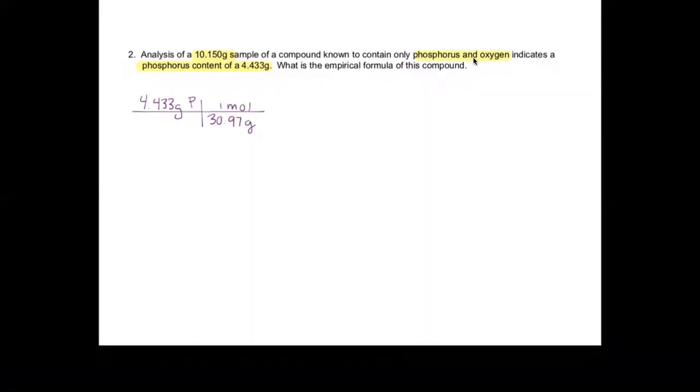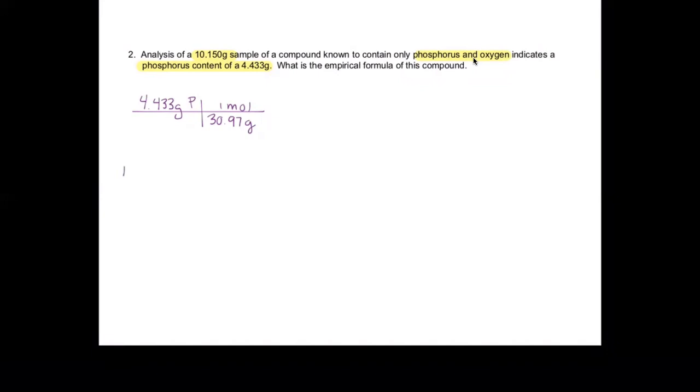4.433 grams of phosphorus. And we can go ahead and look up the molar mass of phosphorus, which is 30.97. But 10.15 is not the other amount for oxygen. That's the total amount. So I have an extra step here.